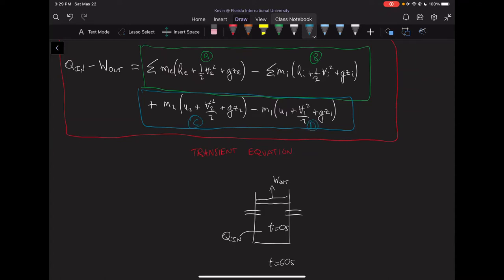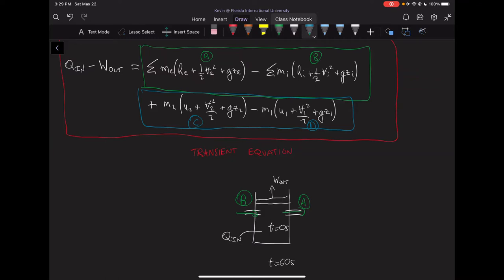We can now say that A is, for example, associated with the exit of the flow. So the flow would be exiting this way and coming into this one. We can say that A is located right here. We can say that B is located at the entrance. So that's where we would find our expression for B.